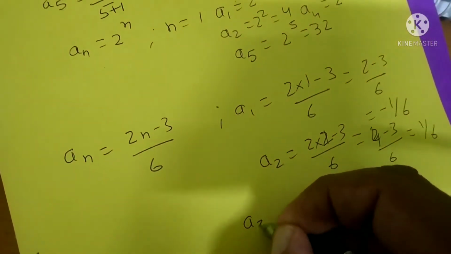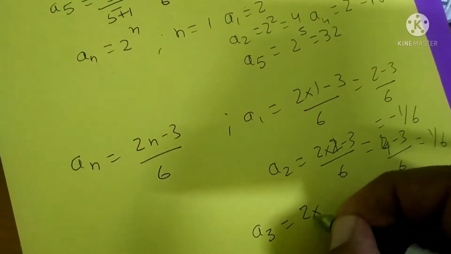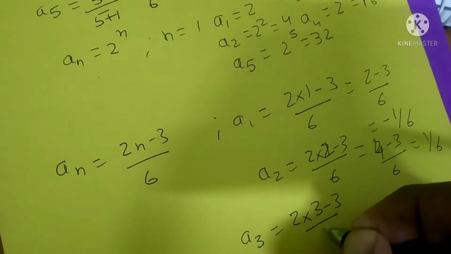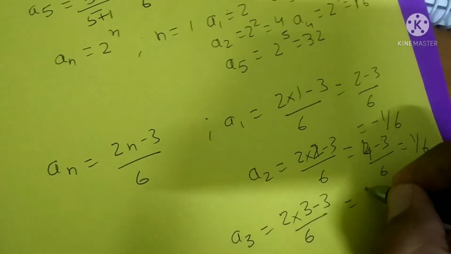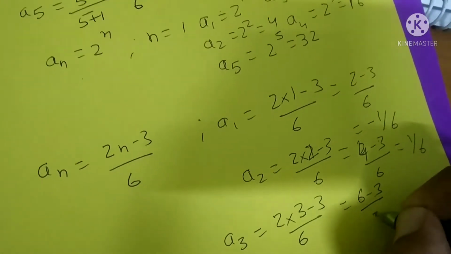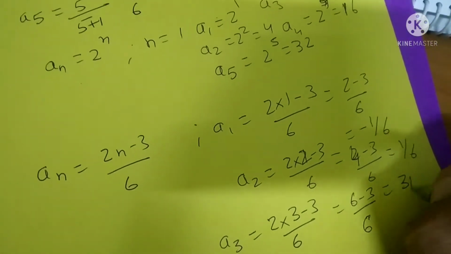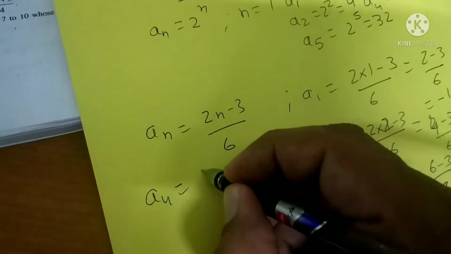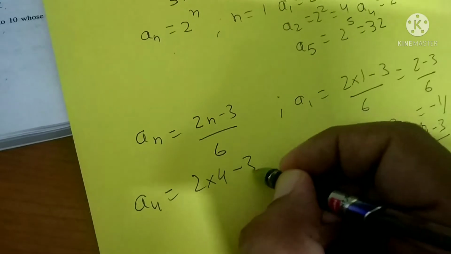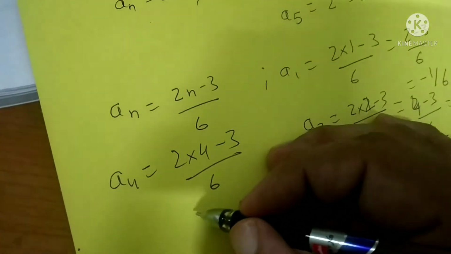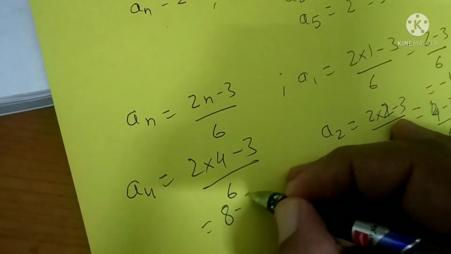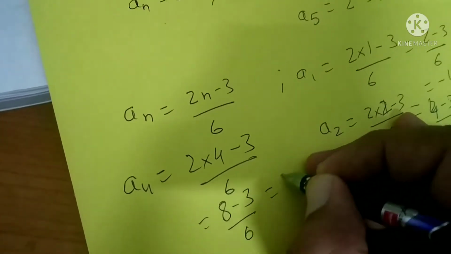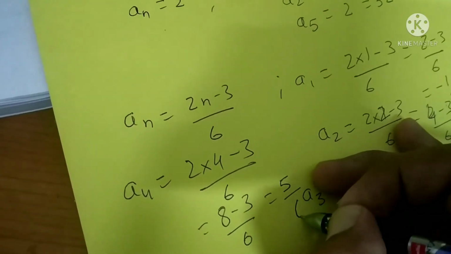So a3 is equal to (2 into 3 minus 3) divided by 6, so 6 minus 3 divided by 6 equal to 3 by 6. So a4 will be equal to (2 into 4 minus 3) divided by 6, which is 8 minus 3 divided by 6 equal to 5 divided by 6.